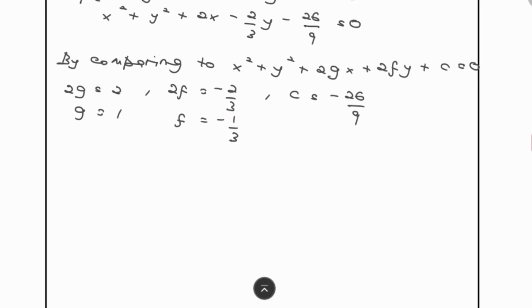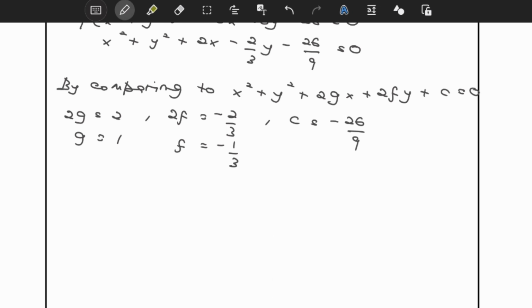So as we know, the center is given by (negative g, negative f). So our center is (-1, 1/3). So we already get the coordinates of the center. So next, let's find the radius.